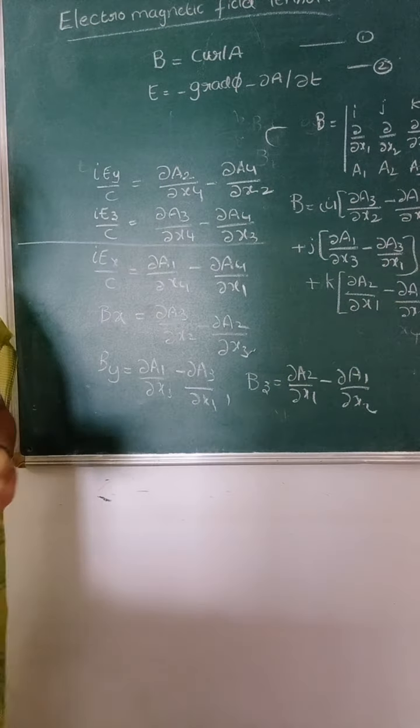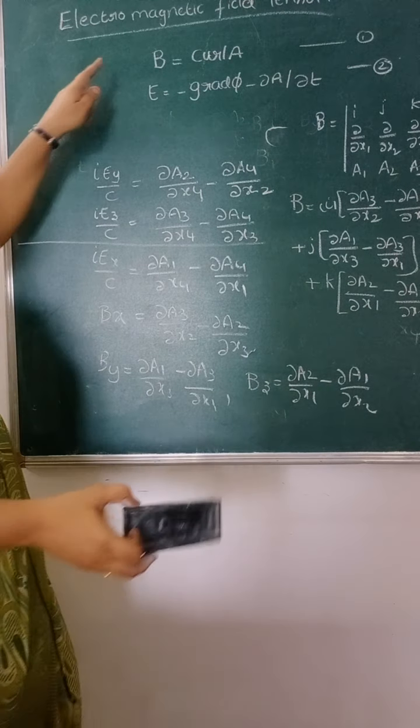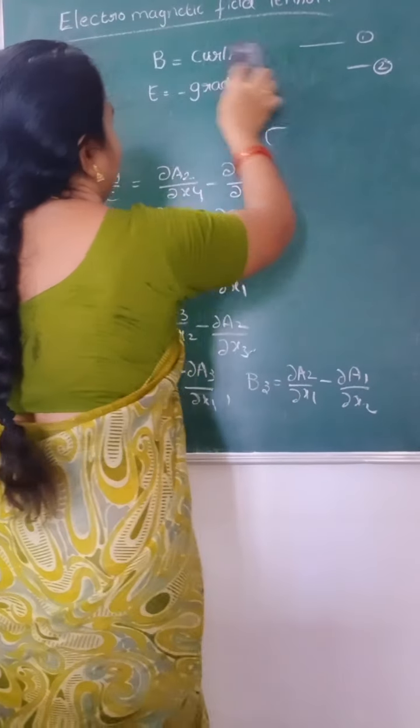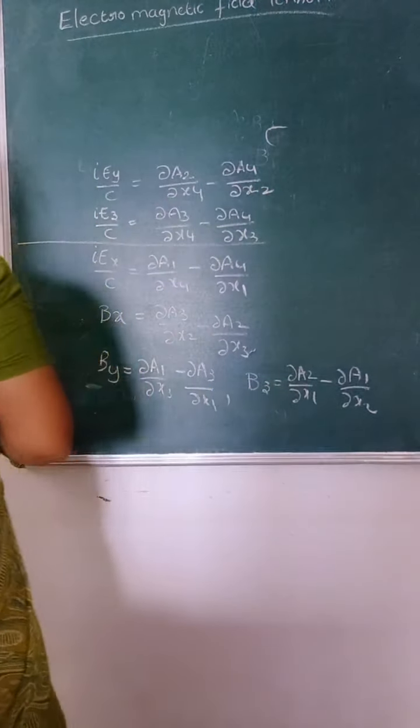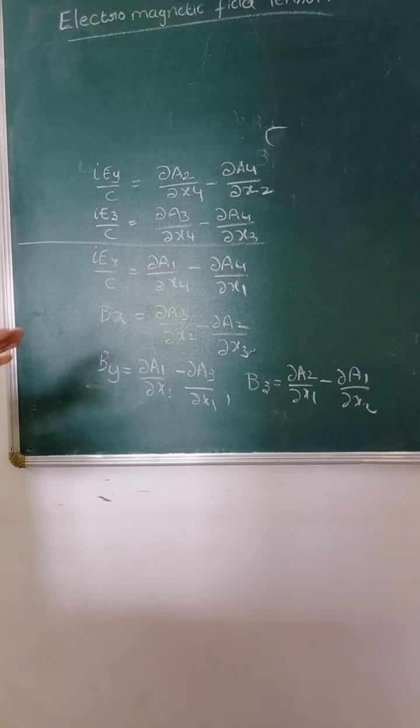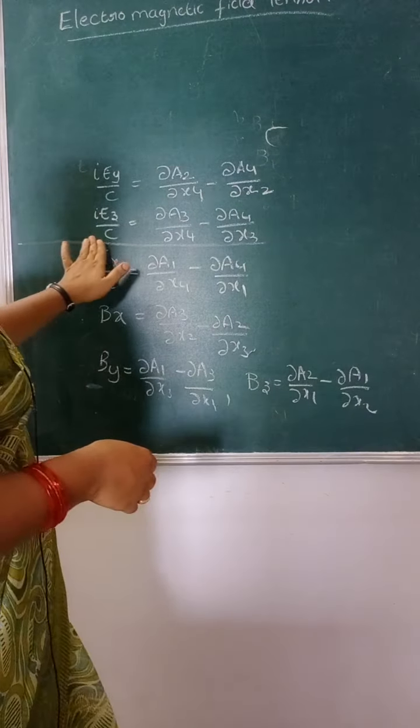So these are the different x, y, z components of electromagnetic field vectors. Then we write down these components in the form of a tensor, taking all these equations into a single form.